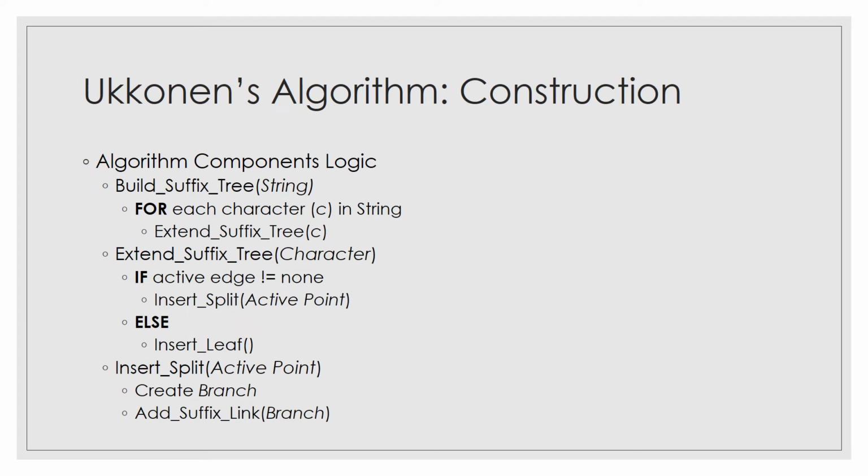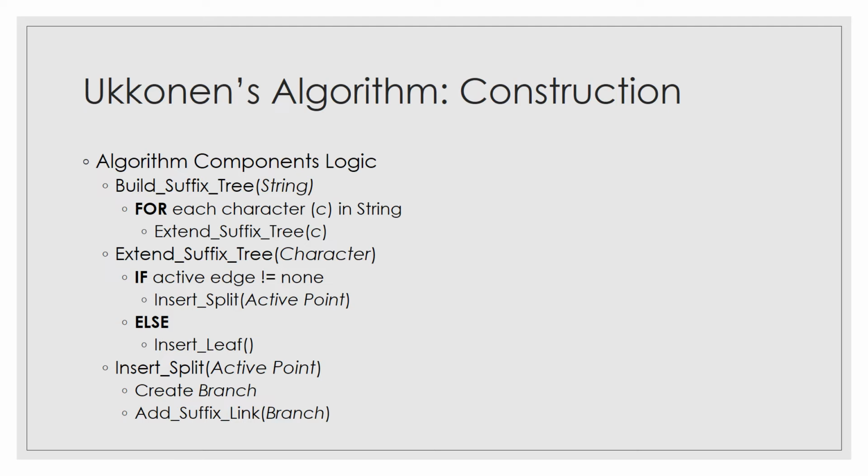So we have the algorithm component logic. The first one is to build the suffix tree, to which we pass a string variable. Then for each character C within that string, we call extend suffix tree with C and pass it the character.